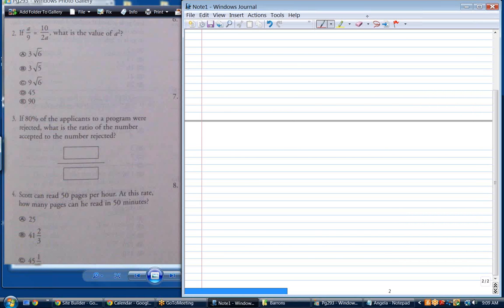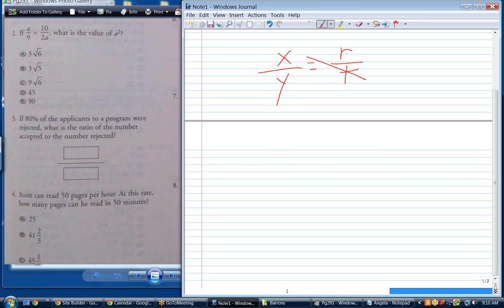Okay, what's your first inclination here? I don't really have one. Okay, if we have x over y equals r over t, whenever you have a fraction equals a fraction, think cross multiply.